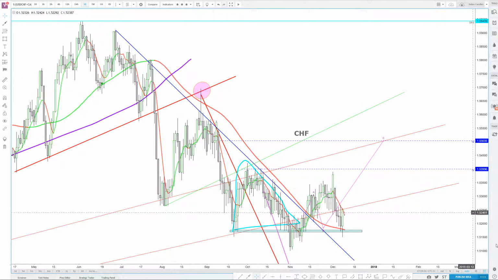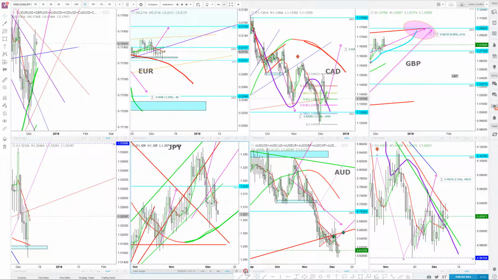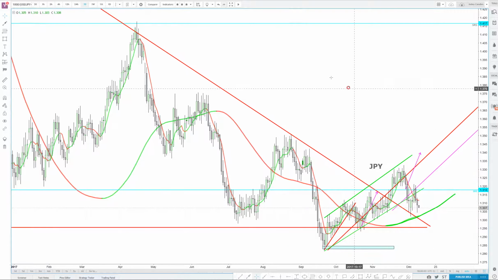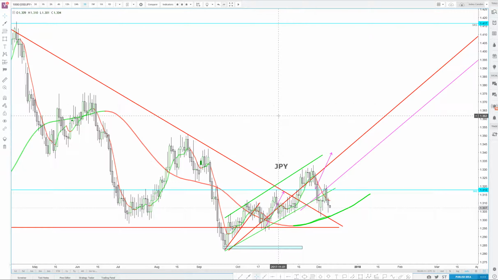All right, so let's look at Japanese yen. Japanese yen, we had a little pullback, and this is actually a healthy pullback.